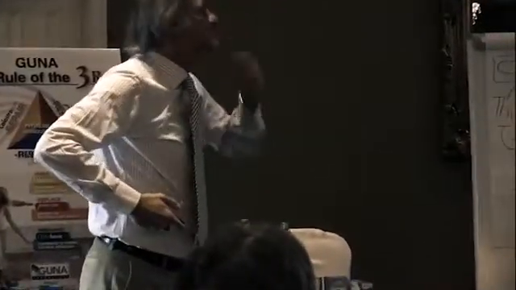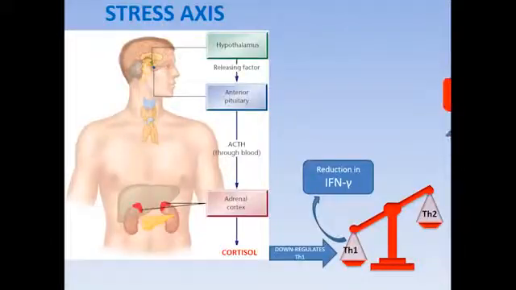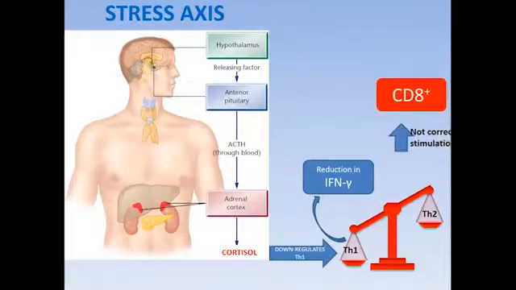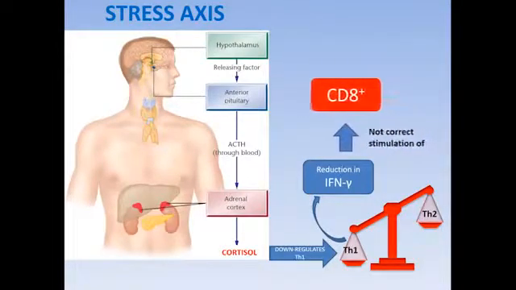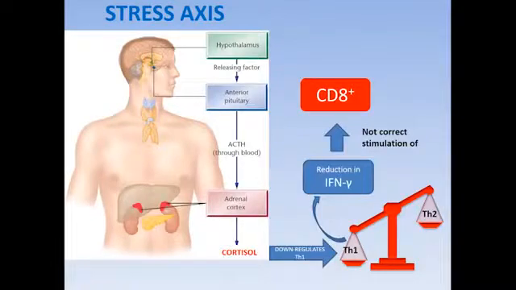Gamma interferon, instead of to stimulate in the right way CD8+, less stimulate CD8+. So those cells don't differentiate in T cytotoxic and in T suppressor.